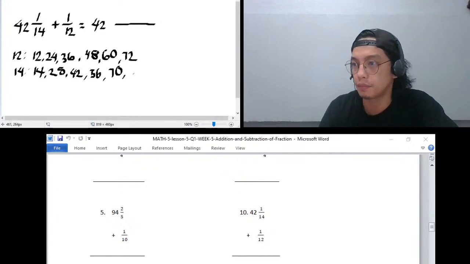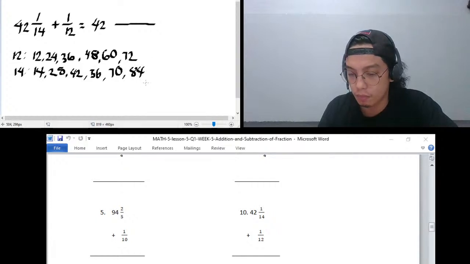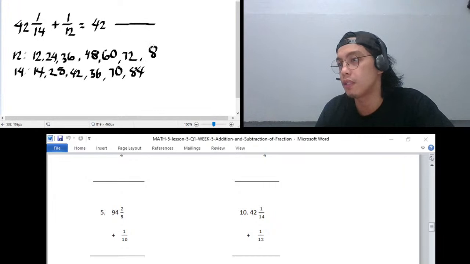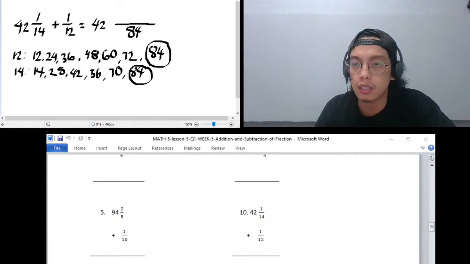Okay. Here, finally, we got the LCM, which is 84. Okay. Ato dira, 84. Now, atong buhaton diri is atong siyang i-divide sa old denominator times the original numerator.